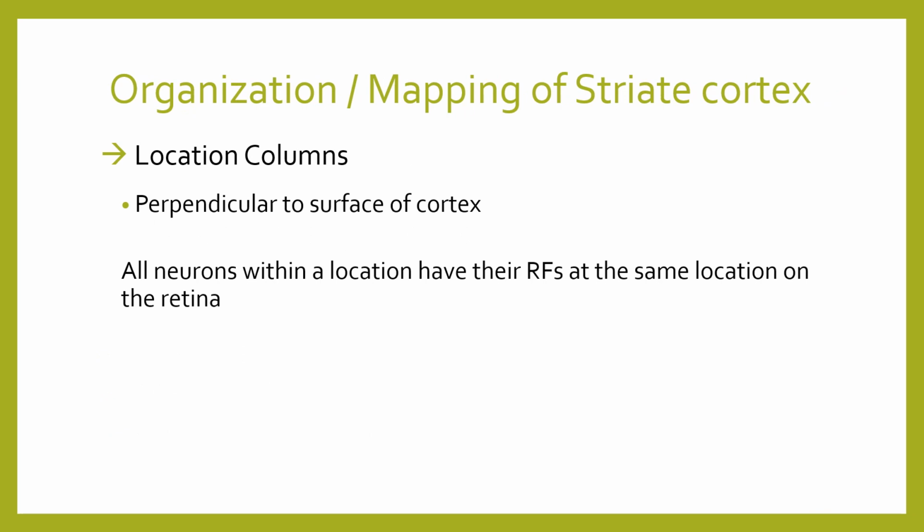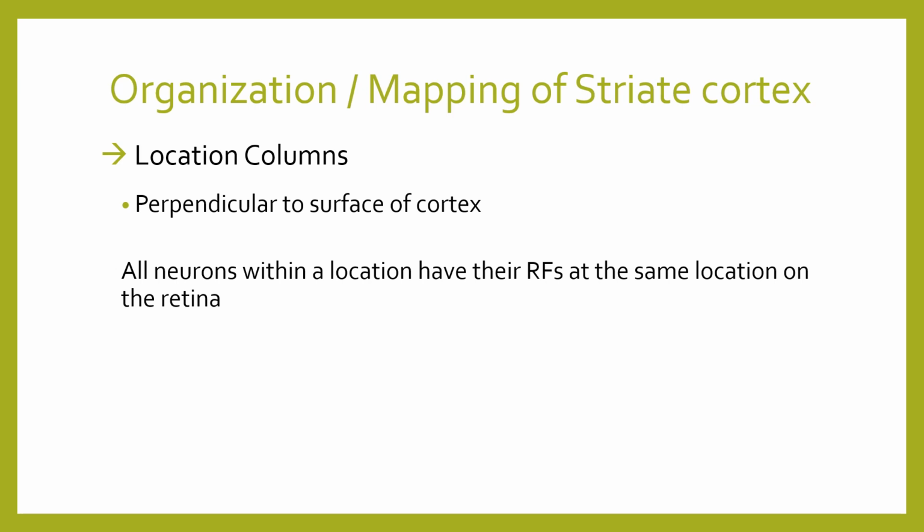Perpendicular to the surface, so again, if you look straight forward and think of what's up, and you can even put your finger up in your right visual space above yourself, that's going to hit on the lower left side of the visual cortex. And that's our retinotopic map.